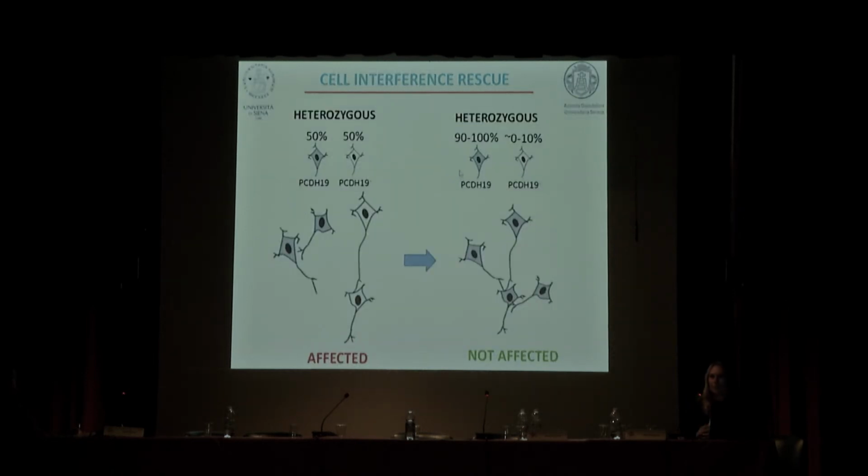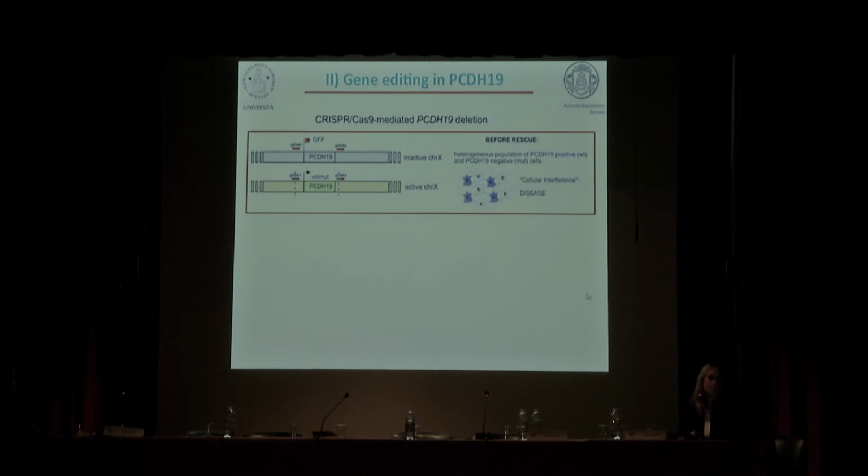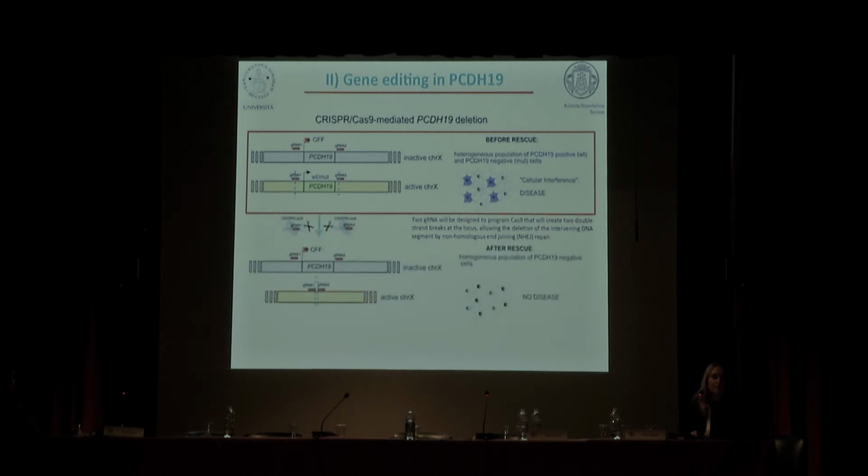As a second approach to try to rescue the cellular interference, we plan to generate a homogeneous population of PCDH19 negative cells, mimicking the healthy mutated males. So this is the situation before rescue. And in this case, we plan to design two guide RNAs to program Cas9 to introduce two different double-strand breaks, allowing the deletion of the gene by non-homologous end joining repair.